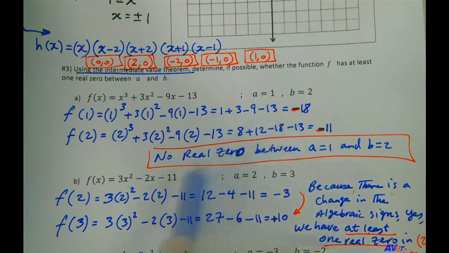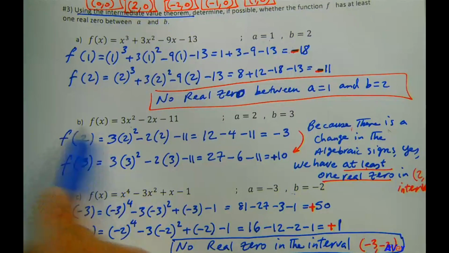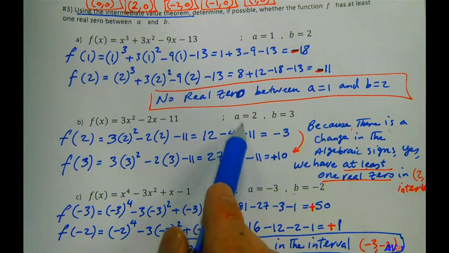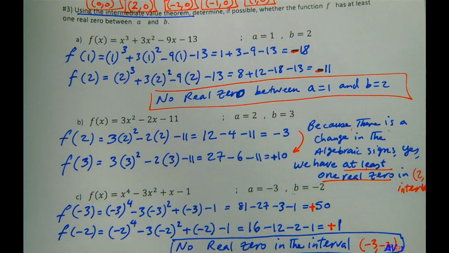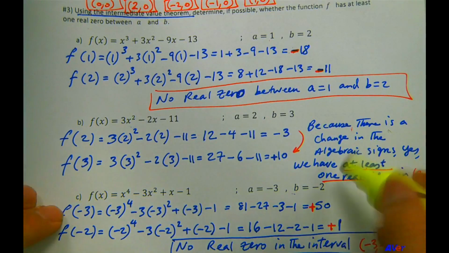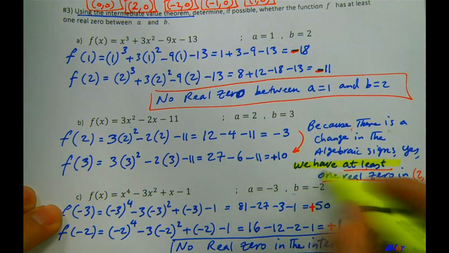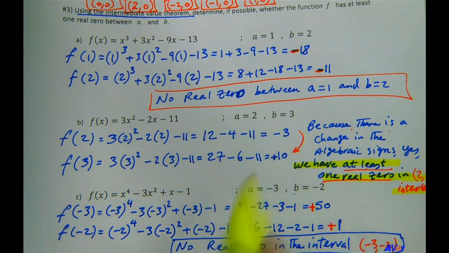Not in that case, but in the middle case, in part B, where we establish that we do have a real zero in between these two, we can only say that we have at least, and let me highlight it there, at least one real zero in this interval right there. Okay, at least one. If we have more, we don't know how many more, but we do know that we have at least one real zero there. And real zeros are solutions of the polynomial, right? So that's important. We have a solution of the polynomial at that point.